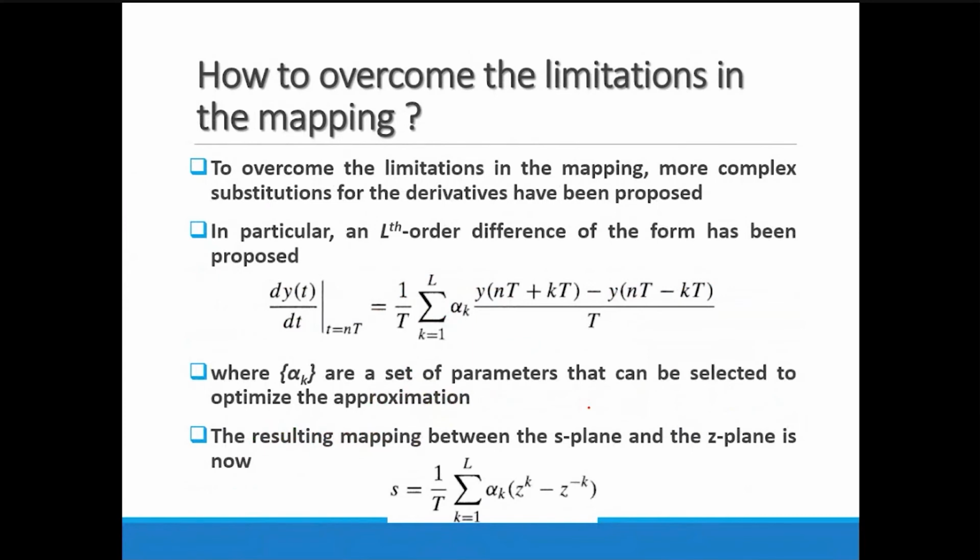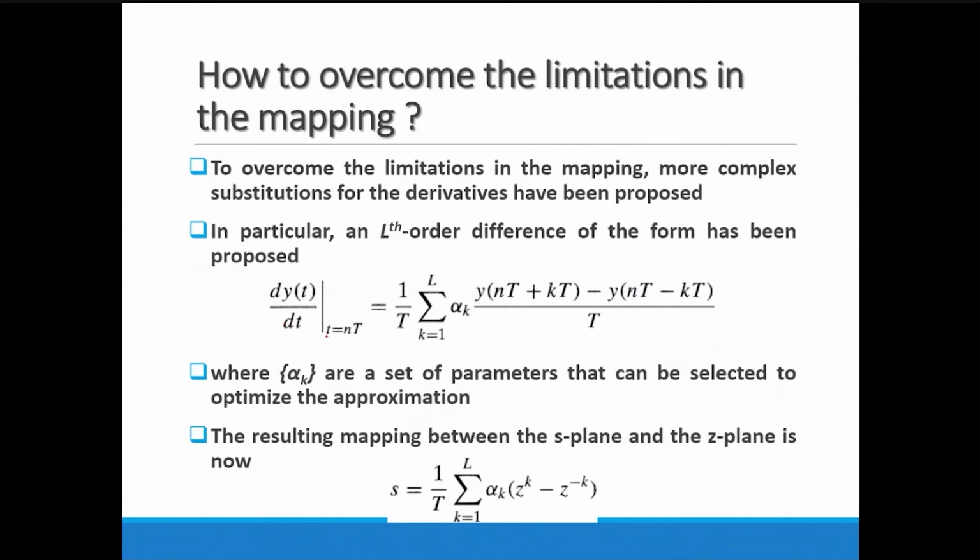To overcome the limitation in the mapping, more complex substitutions for the derivative have been proposed. In particular, an nth order difference equation of the form has been proposed. Instead of taking the kth order, here we go for higher orders, that is nth order.